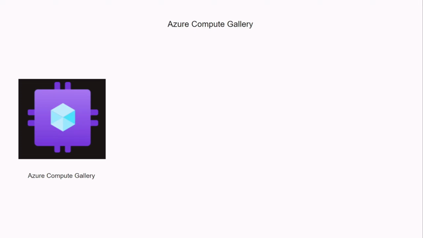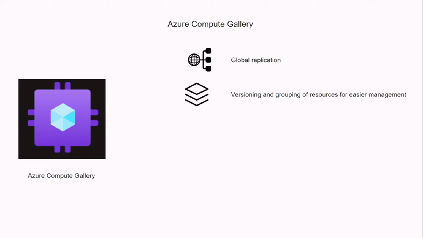Azure Compute Gallery. An Azure Compute Gallery helps you build structure and organization around your Azure resources like images and applications. An Azure Compute Gallery provides global replication, versioning and grouping of resources for easier management, highly available resources with zone redundant storage accounts in regions that support availability zones.